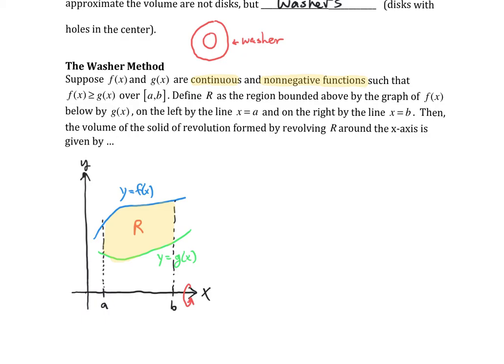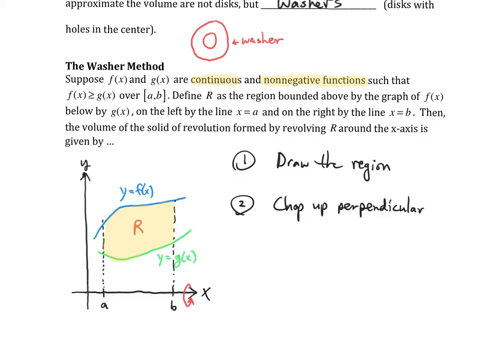And I'm going to outline some steps for how we do these problems. The first step I would say is I would draw the region, like we've just done. The second step is to chop up the region perpendicular, which I abbreviate with this symbol, to the axis of rotation.